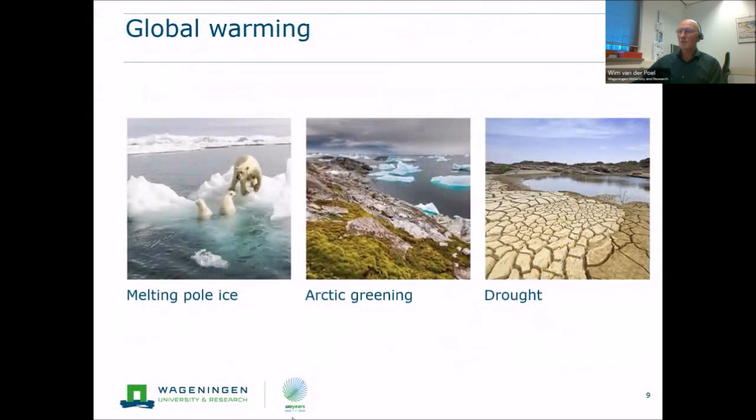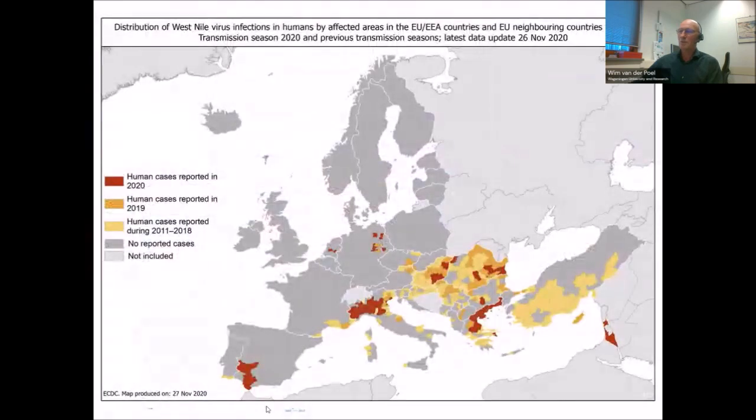Another important risk factor for emerging zoonotic agents is global warming. In this picture, you can see the melting polar ice, the Arctic greening, and drought as a result of global warming. And this global warming, for example, this is a picture of the West Nile virus infections in Europe, has resulted in a changing abundance of vectors, the vectors that also transmit West Nile virus.